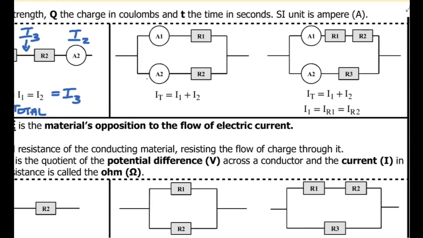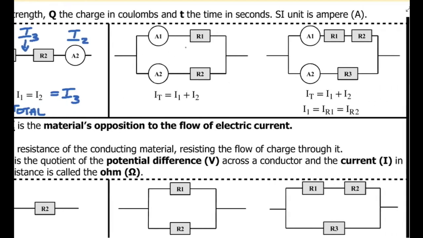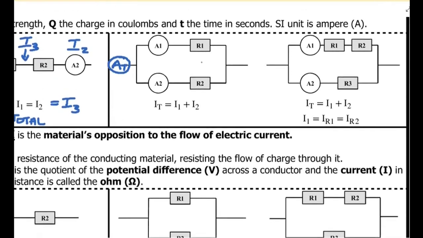Now, when we get to parallel, here we have a parallel circuit. I'm going to put another ammeter here, and I'm going to say this ammeter is going to measure AT. What we're looking at in a parallel circuit is that the current splits. In fact, we say that a parallel circuit is a current divider. So a parallel circuit divides current.